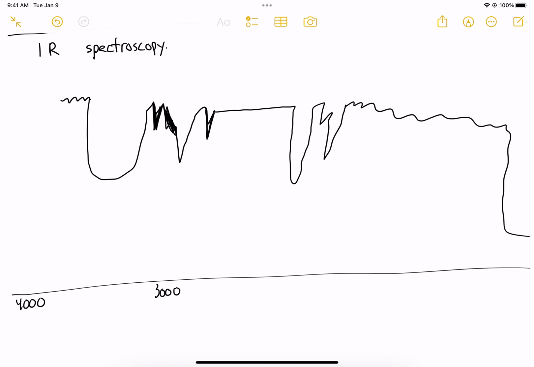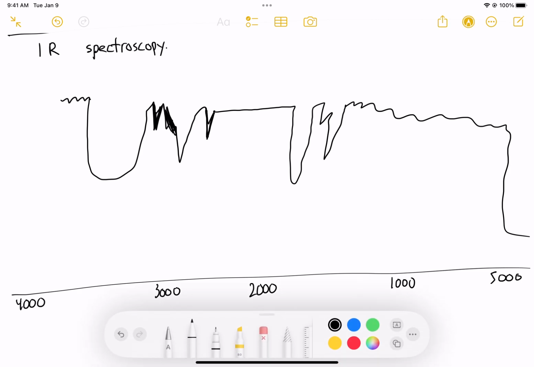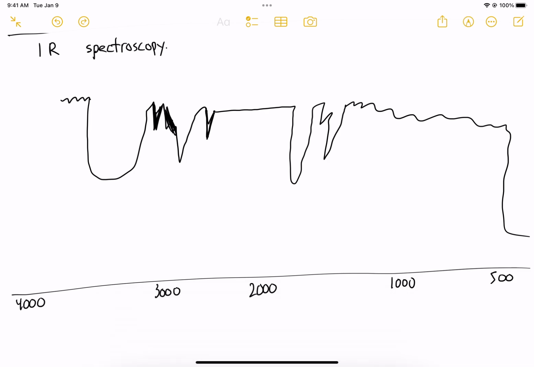And then right here is 2,000. So this appears at about 1,716, and then this peak right here is 1,000. So not very drawn to scale here. And here's 500. Oops, not 5,000. So let's just see these peaks here.